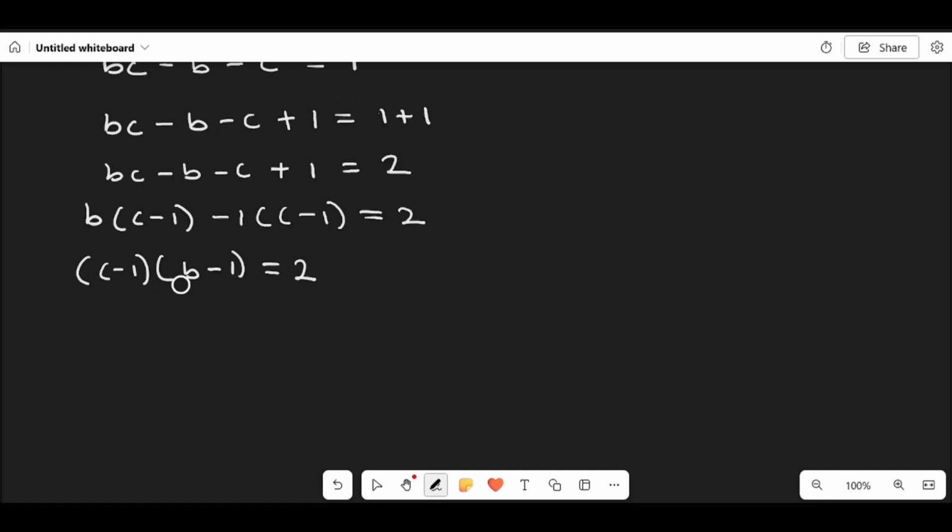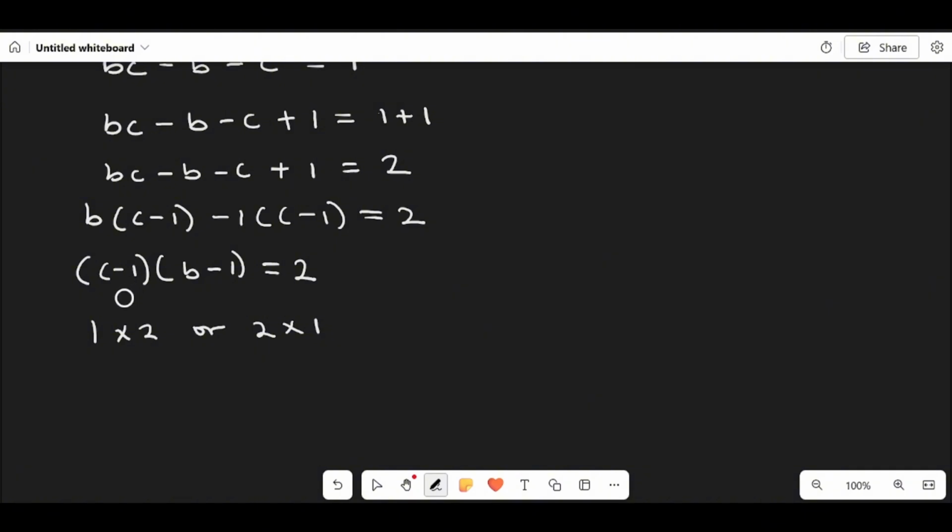Let us solve this equation. Now, since we are looking for positive integers, let's find all factor pairs of 2. The positive factor pairs of 2 are 1 multiplied by 2 or 2 multiplied by 1.